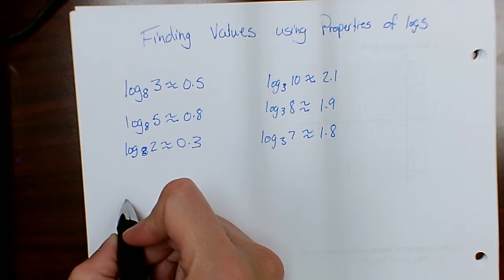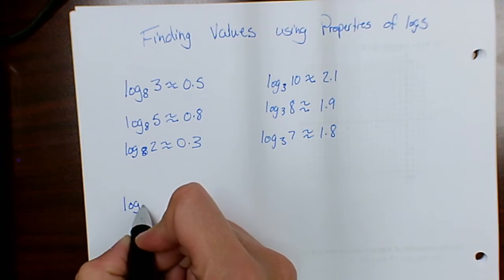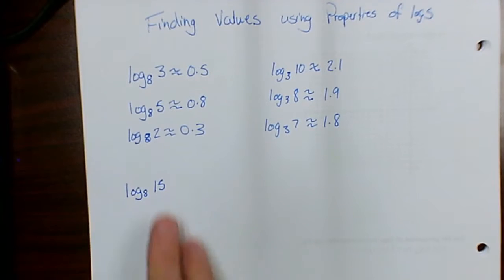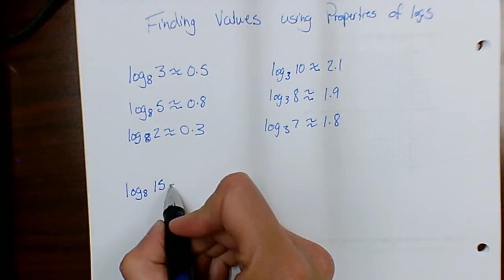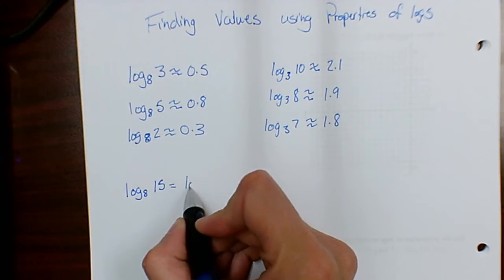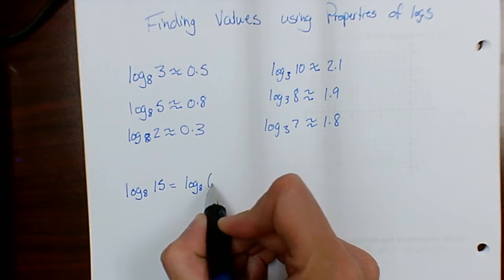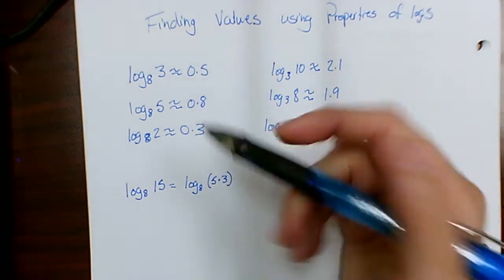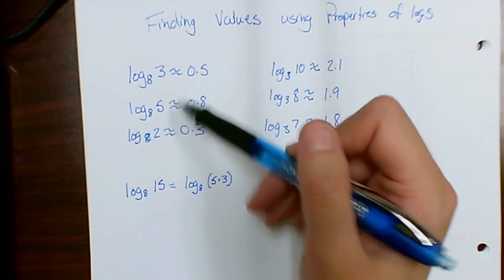So the first one we are going to look at is log base 8 of 15. Now we don't have a log base 8 of 15, and yes, you could use the change of base, but you can also use properties of logs to say, well, this is log base 8 of 5 times 3, which is what we have in our table here.